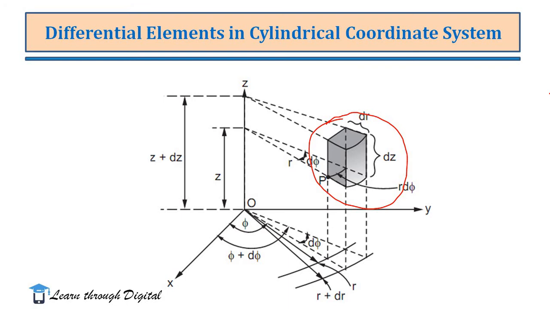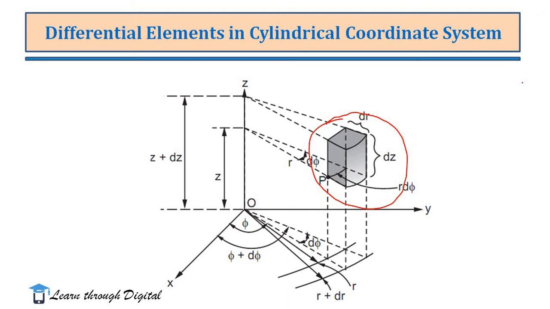Now, there are two cylinders of radius r and r plus dr. There are two radial planes at the angles phi and phi plus d phi. And there are two horizontal planes at the heights z and z plus dz. All these surfaces enclose a small volume, which is shown in the figure.